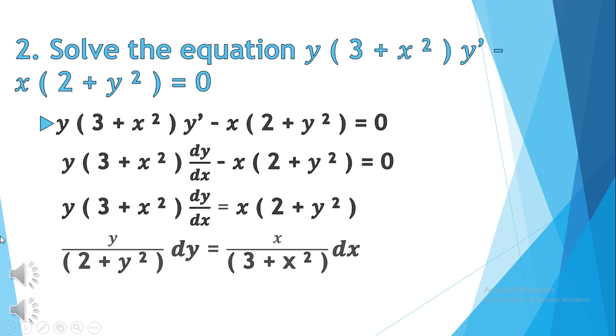Next, separate the x's and y's, so it means y over (2 plus y squared) dy equals x over (3 plus x squared) dx. Then, integrate both sides. The integral of y over (2 plus y squared) dy equals the integral of x over (3 plus x squared) dx.